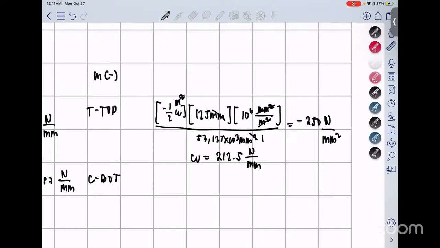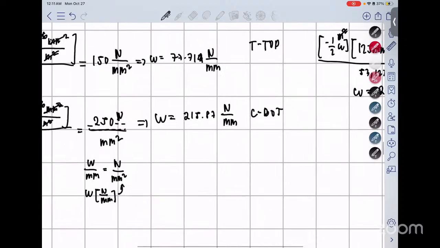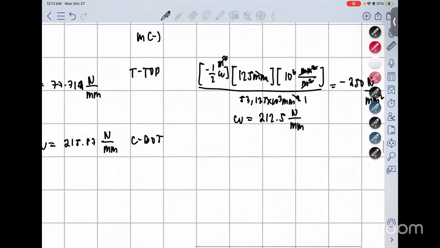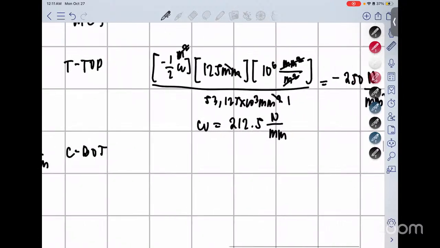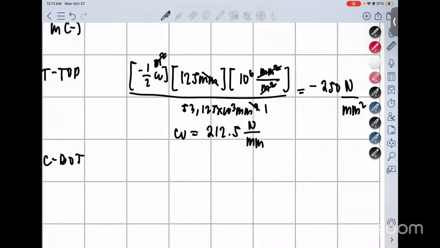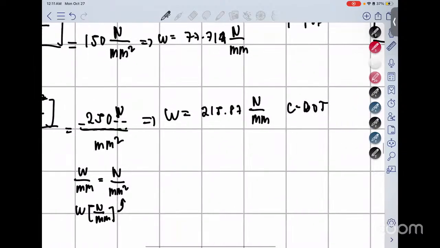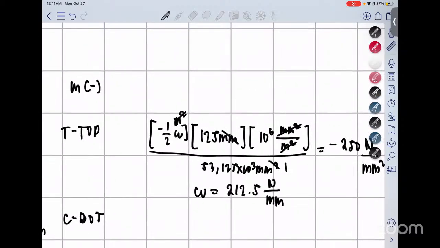Napansin natin na this one is lower than the other one, meaning if we subject a loading of 212.5 or 215.87 on the beam, yung mangyayari pala is magkakaroon ka ng sobrang taas na moment such that it will exceed the 250 in the negative case.